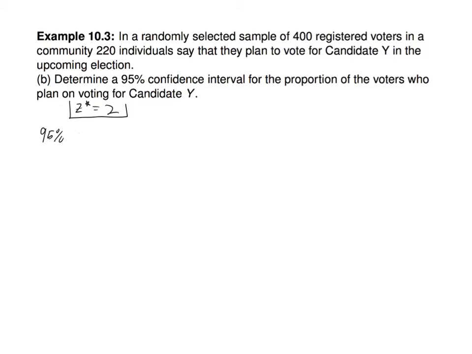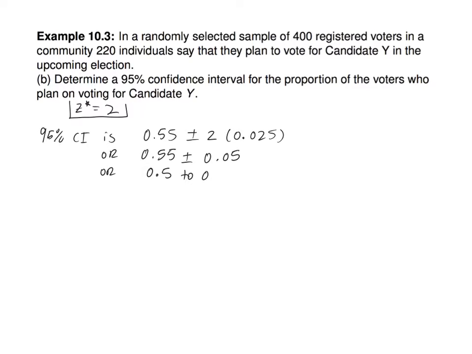So the 95% confidence interval is 0.55 plus or minus 2 times 0.025, or 0.55 plus or minus 0.05, or 0.5 to 0.6, which you could have also given in percents as 50% to 60%.